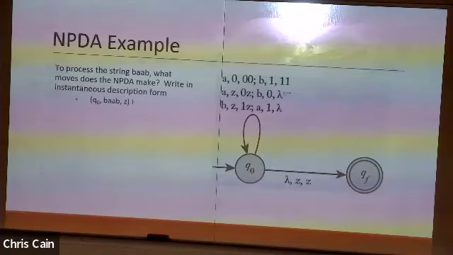Turnstiles can kind of go either way, but I guess the bar is supposed to go to the right, so that's what I just drew out.